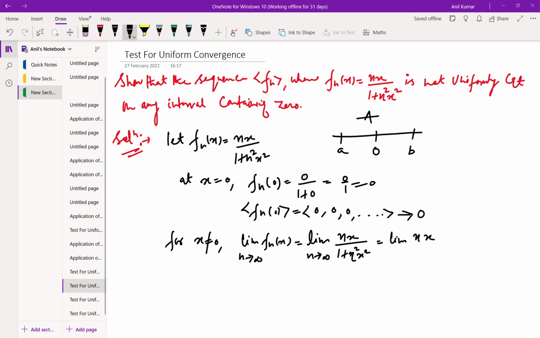n into x, we are taking x square common from this expression, 1 by x square plus n square. So since x is a non-zero number, x and x get cancelled out.